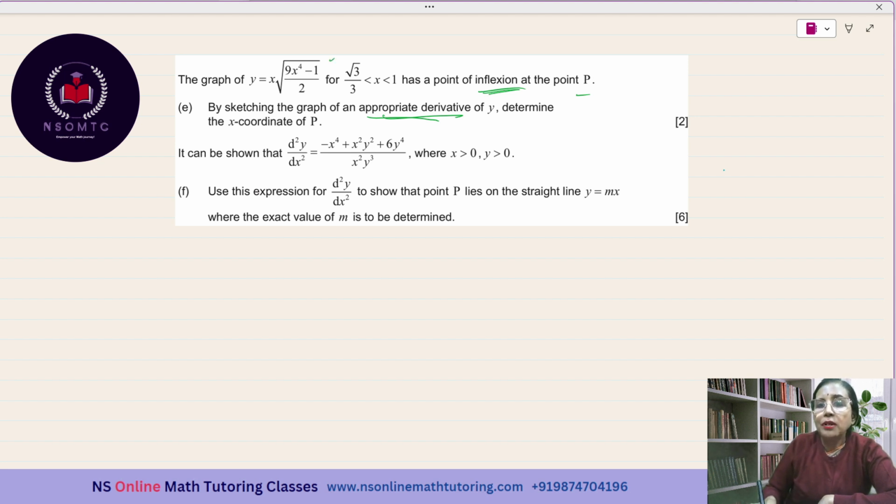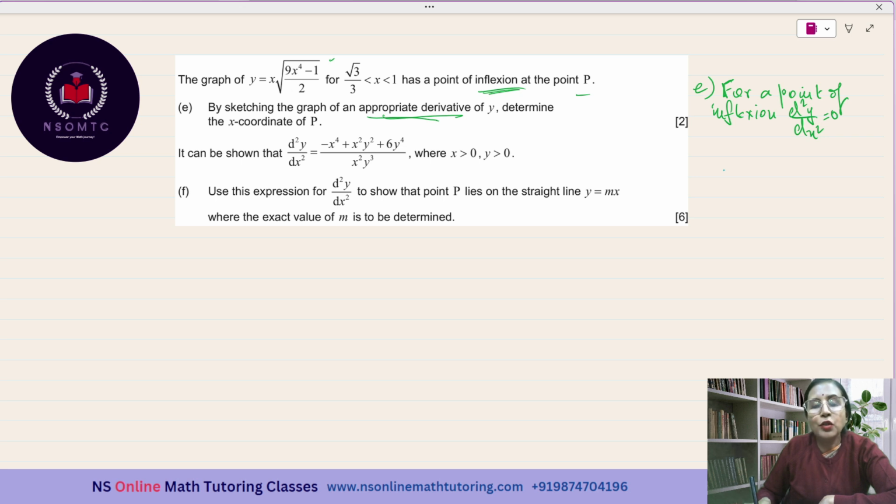So let me just write it over here. For a point of inflection, the d2y by dx square should be equal to 0, and not only that, it should be changing the sign.